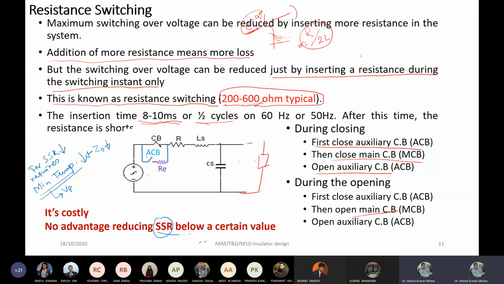So this is the peak phase voltage, and into the SSR will be your switching over voltage, right? This is the peak voltage, and the SSR is your switching over voltage.